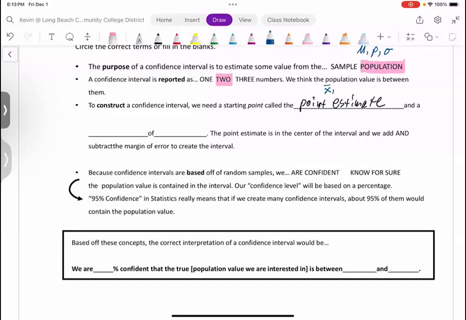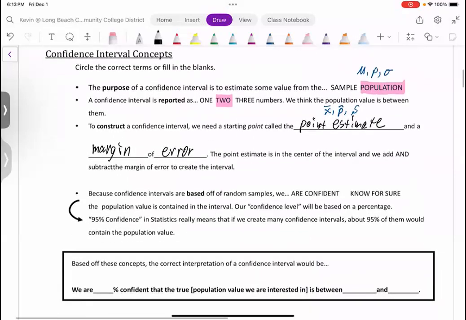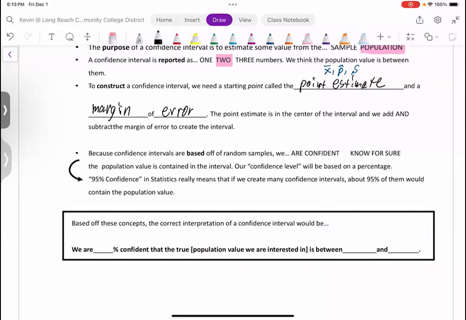So there's the sample mean, sample proportion, and sample standard deviation. So those are going to be our point estimates. And we are going to need a margin of error. In our previous example, our margin of error was that $10,000. The point estimate is the center of the interval, and we add and subtract the margin of error to create the interval. So that's what we're going to be doing here.